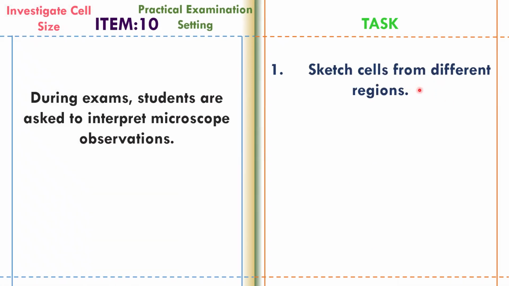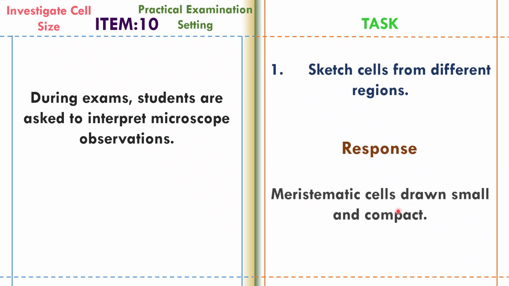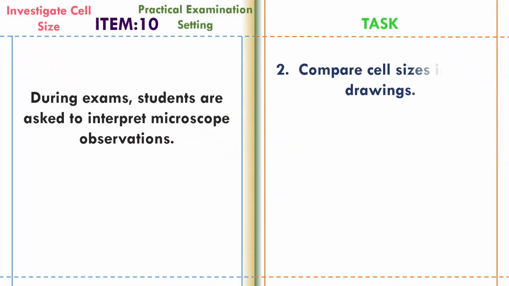Sketch cells from different regions. Meristematic cells are drawn small and compact. Compare cell size in your drawings.